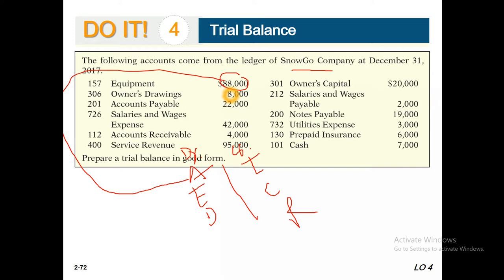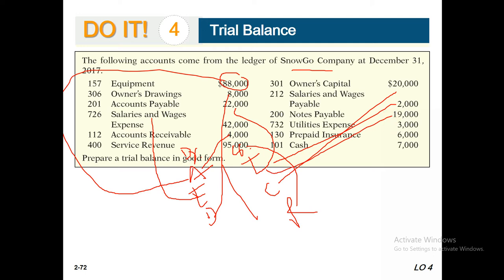So owner's drawing will be debit. Accounts payable will be credit. Expense will be debit. Accounts receivable will be an asset, debit. Service revenue is revenue, this will be credit. Owner's capital must be credit. Salaries and wages payable must be credit. And notes payable must be credit. That means liabilities. Utility expense must be debit. That means expense. Prepaid insurance must be an asset, debit. And cash, of course, asset, debit.